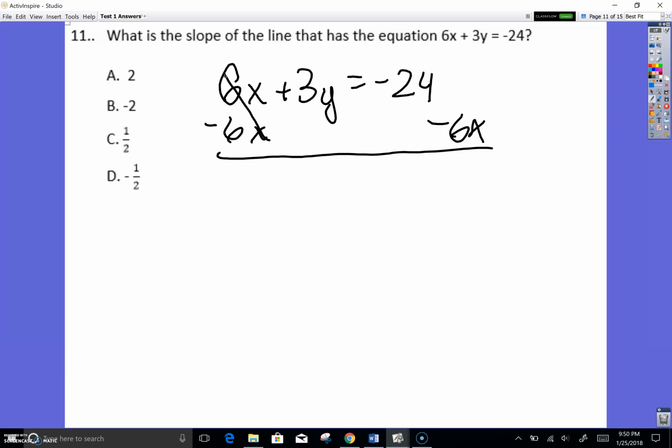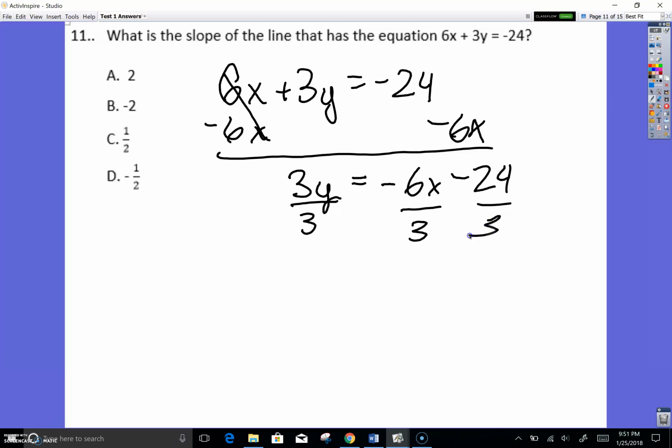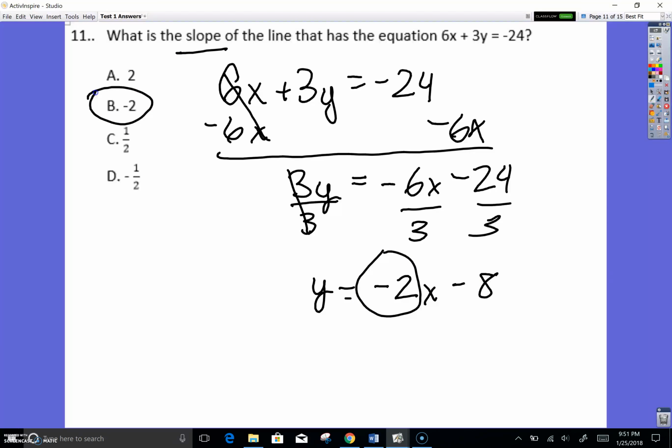Remember, the step is subtract the x term, and then you divide by the number in front of the x, so you divide by 3, and you should get negative 2x minus 8. Okay. Again, slope is the number in front of the x, so that's going to be our answer.